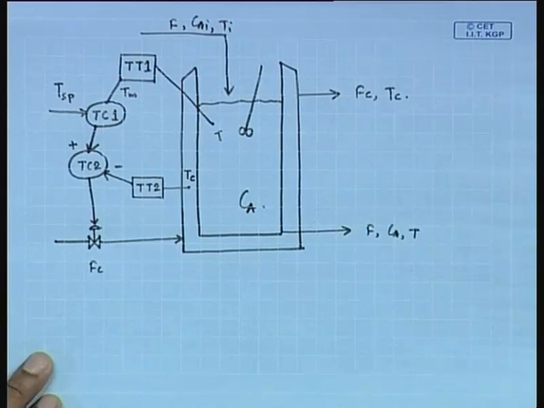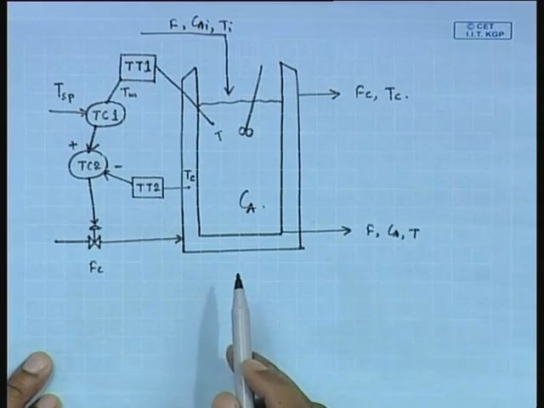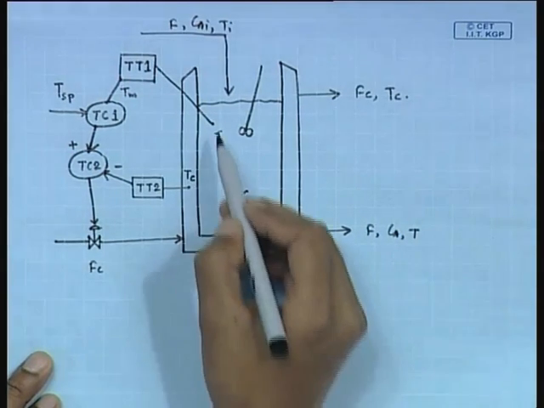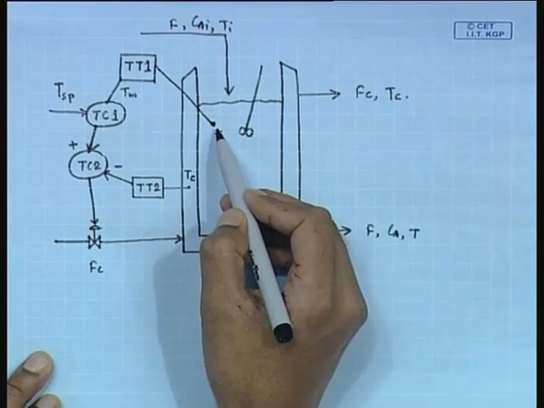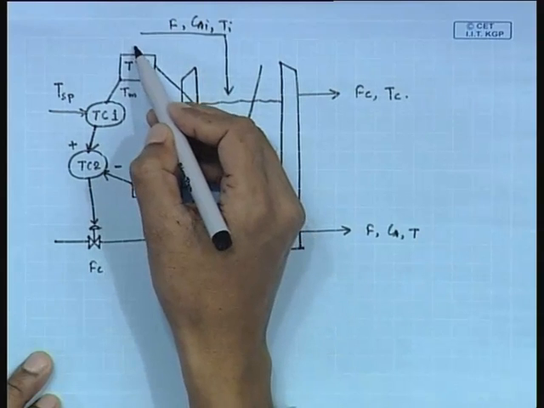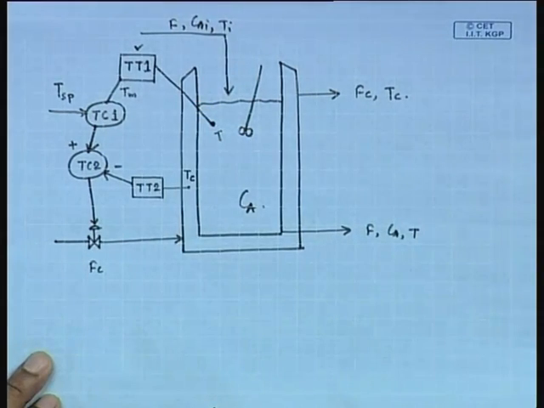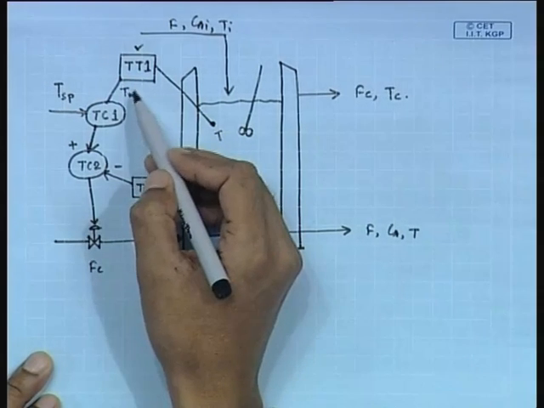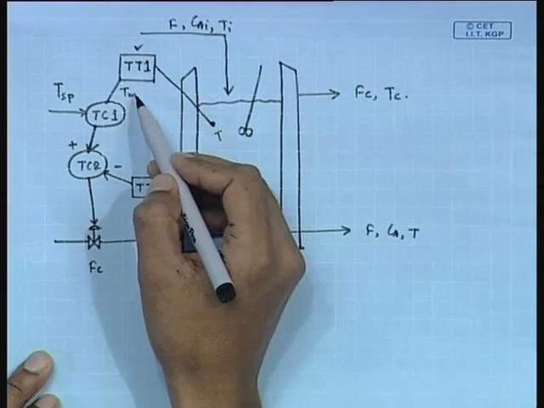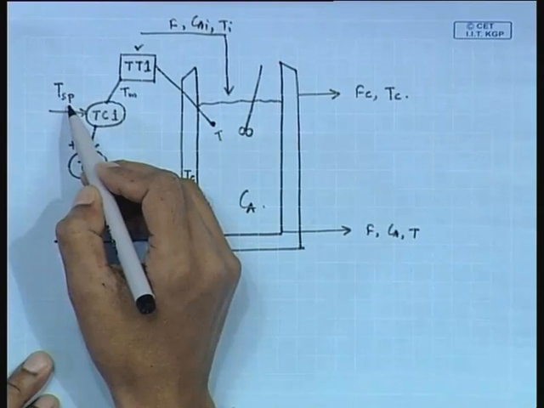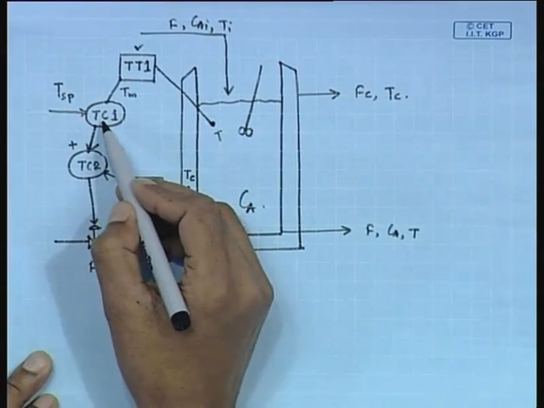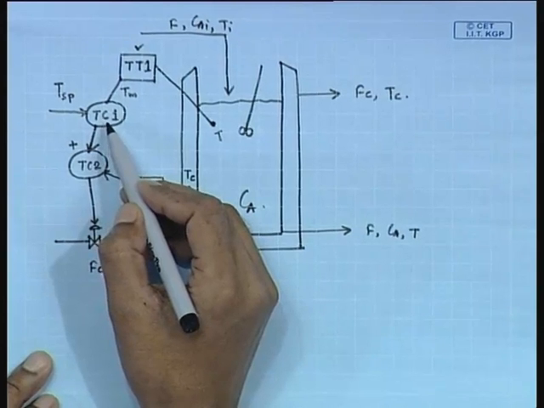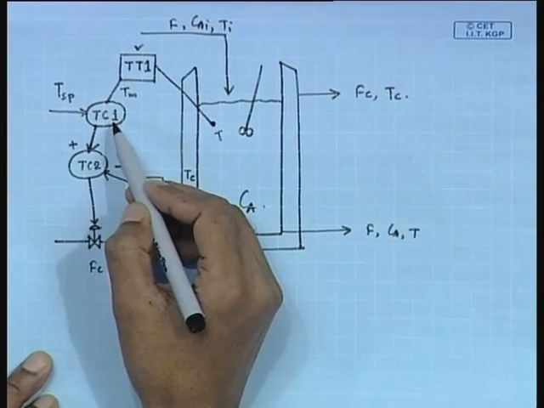Fine. So, I am repeating the steps again. Our control objective is to maintain the temperature T. So, this reactor temperature is measured by the measuring device TT1. Then the measured temperature Tm is compared with its set point value. Then TC1 calculates the control action.